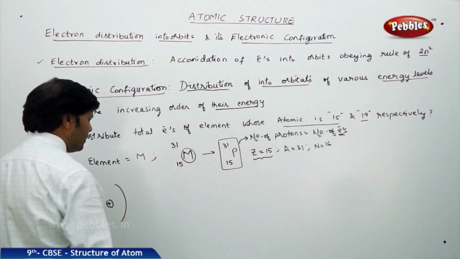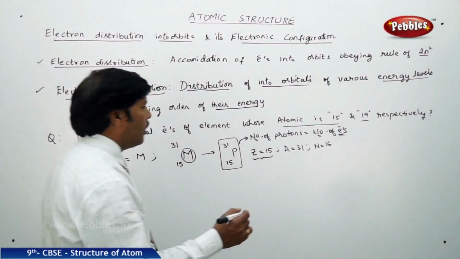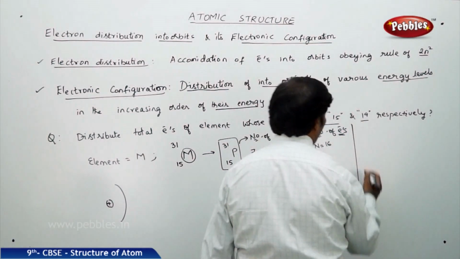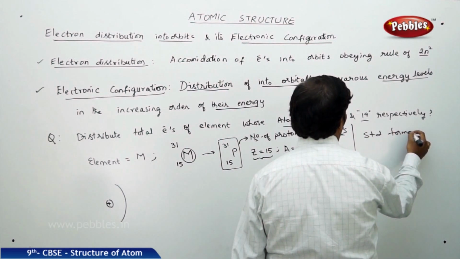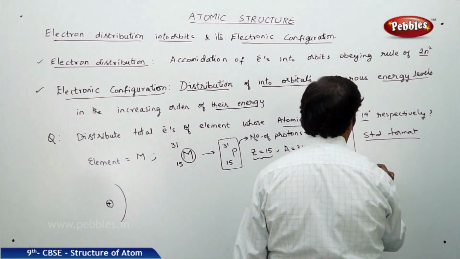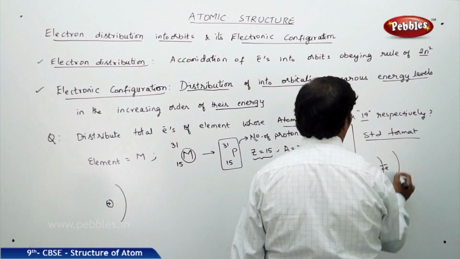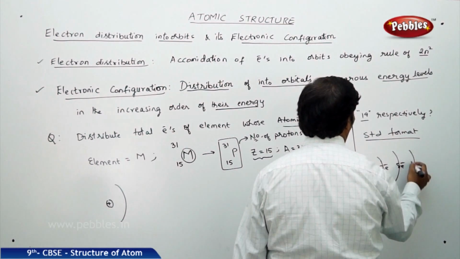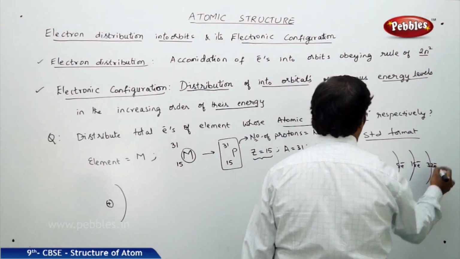The first orbit is next to the nucleus. According to the standard format of distributing electrons into various energy levels, the first orbit takes 2 electrons, the second orbit 8 electrons, the third orbit 18 electrons, and the fourth orbit 32 electrons.